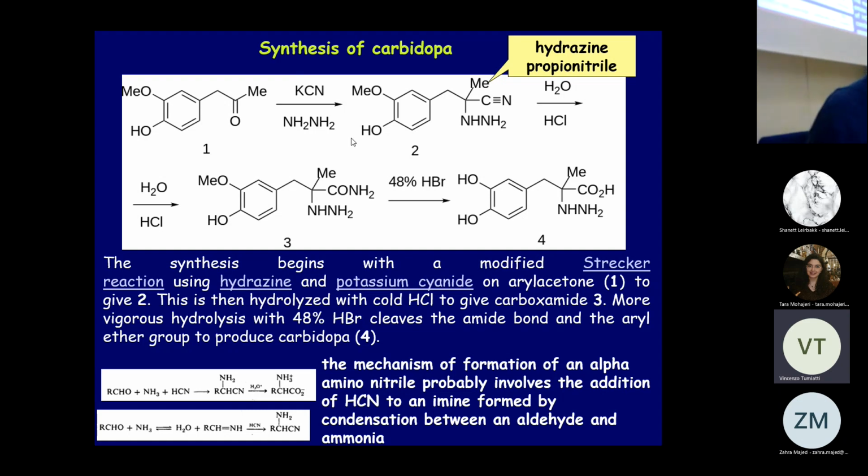So the next point is to hydrolyze the nitrile, the cyano group, to amide. It's the first, mild hydrolysis from the cyanide to amide.